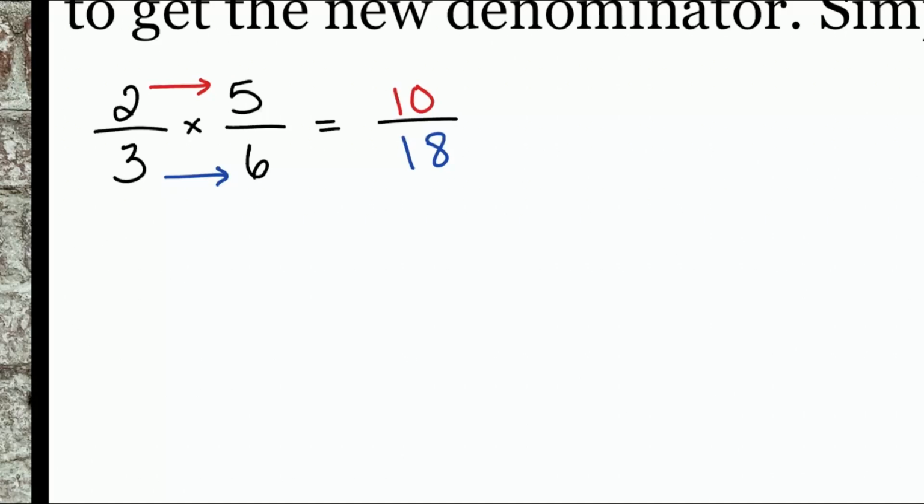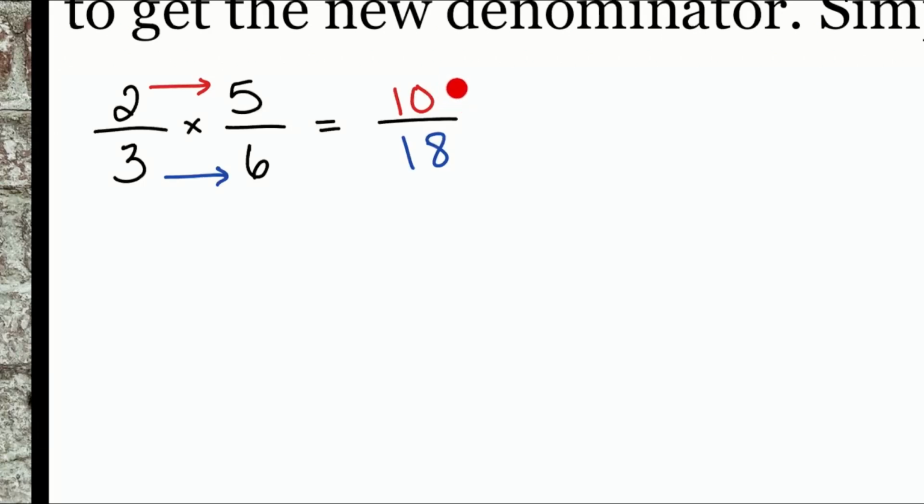So this is going to be really important. So when we take a look at the numerator and denominator, we want to ask ourselves, hey, what's the biggest number that we can divide out of both the top and the bottom, the numerator and denominator? And that's going to be 2 in this case.